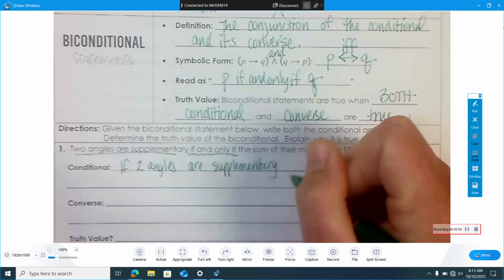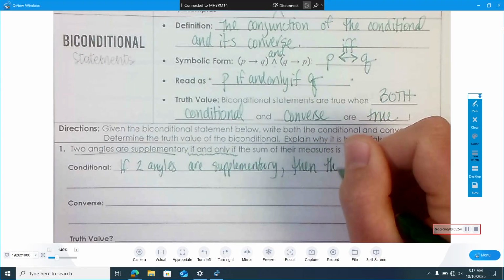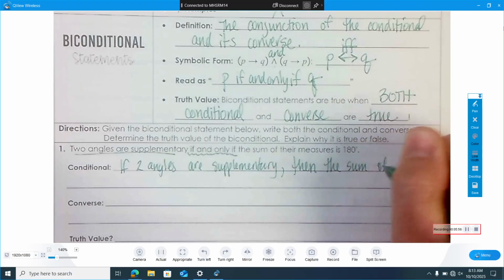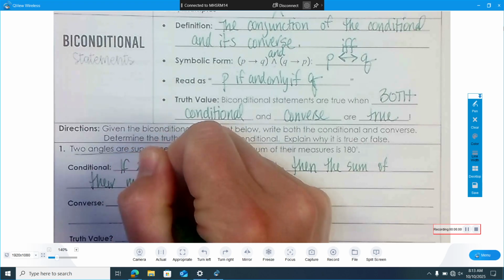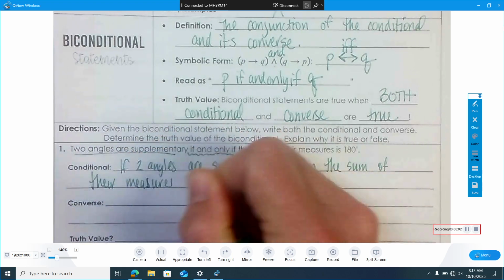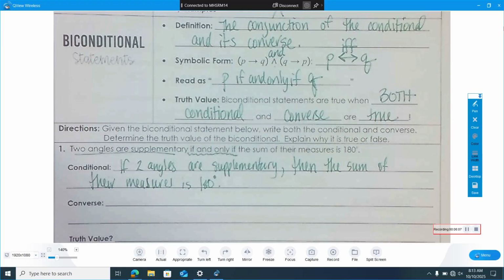If two angles are supplementary, comma, then the sum of their measures is 180 degrees. If two angles are supplementary, then the sum of their measures is 180 degrees. Okay, now, Clayton, what's the converse?